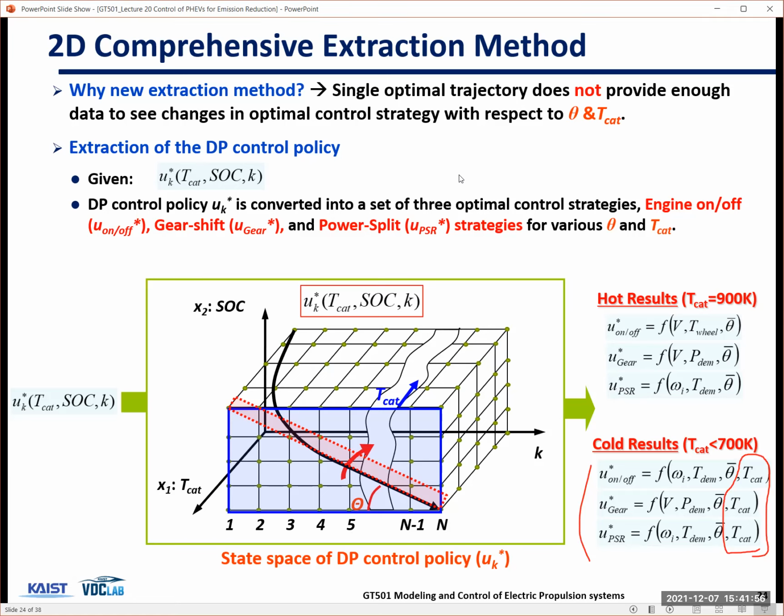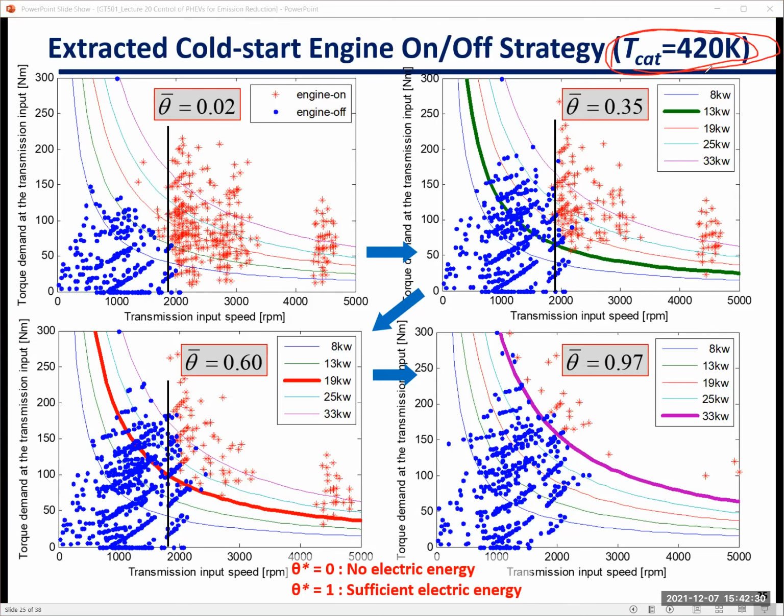So the method is repeated. Now this DP control policy is three-dimensional because there's a converter temperature and time k. And so what you're looking at here is cold start. Okay.